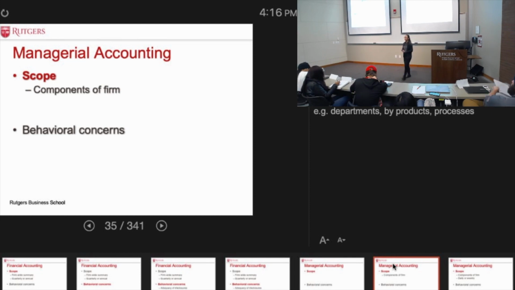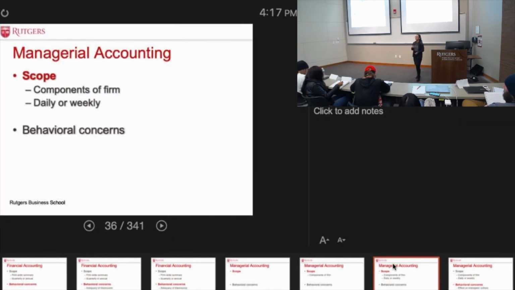And if they want to look at the performance of, let's say, the HR department, right? We can just look at that part. So for managerial accounting, we do not focus on the firm-wide. We can look at the components of the firm. And the frequency of the information is higher. So we can get the information daily or weekly because the managers need timely information to make decisions, right?